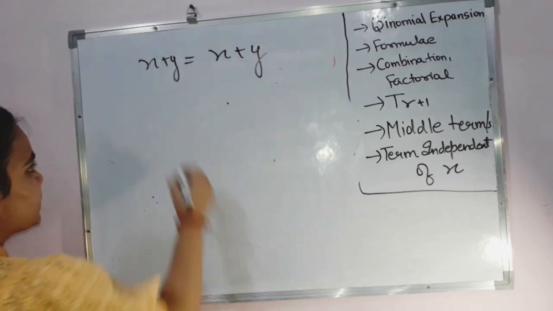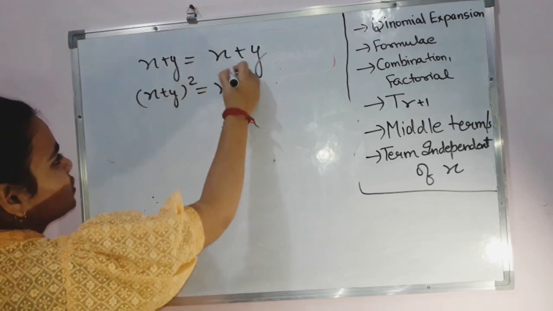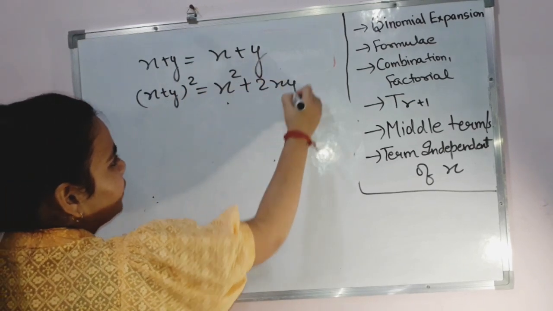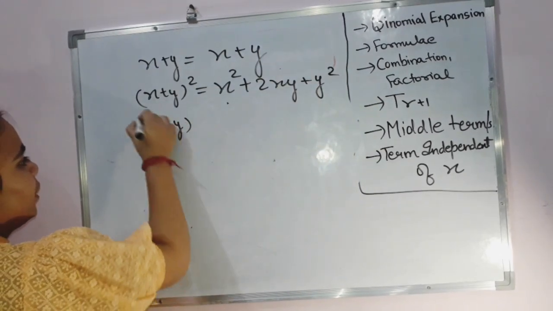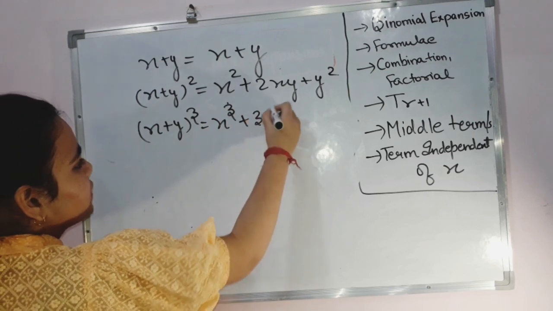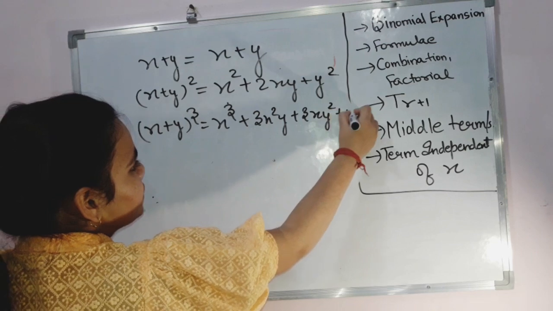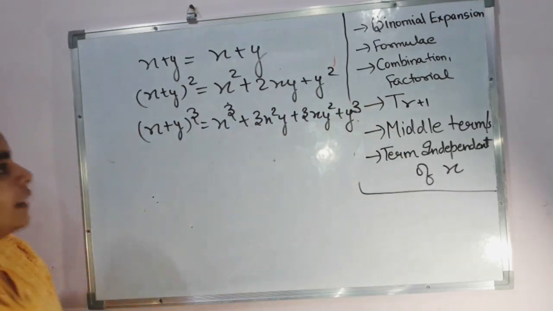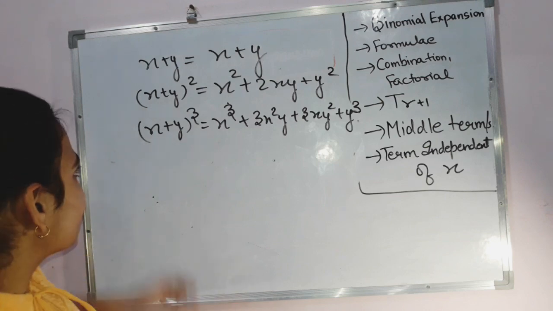The second one is x plus y whole square, equal to x square plus 2xy plus y square. And the third expansion is x plus y whole cube, that is x cube plus 3x square y plus 3xy square plus y cube. Now see the first thing that we will observe here.